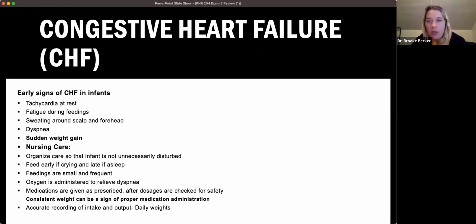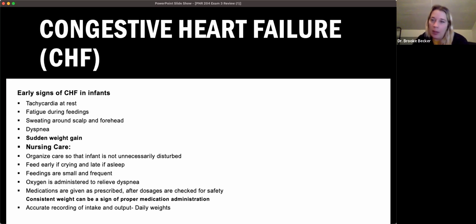Congestive heart failure, we kind of already went through the signs. Early signs, your biggest cue is going to be sudden weight gain, especially with babies who are worn out while they're eating and they're not eating as much, okay? When caring for babies with cardiac issues or anyone with congestive heart failure, you're going to want to make sure that you feed them before they're really worked up and crying, okay?